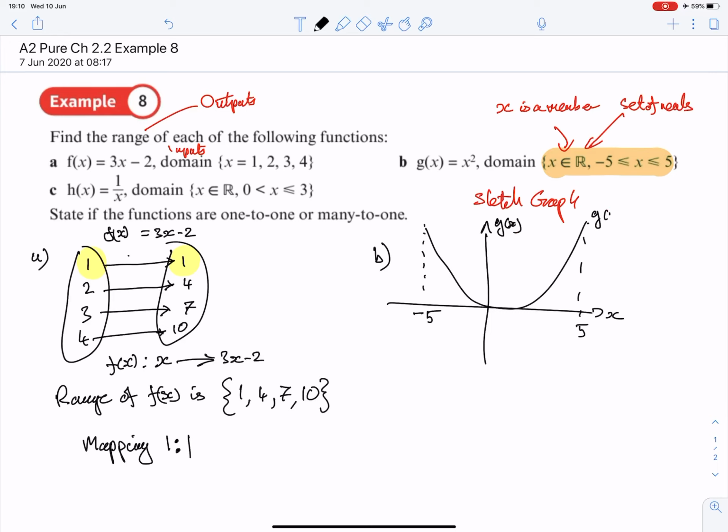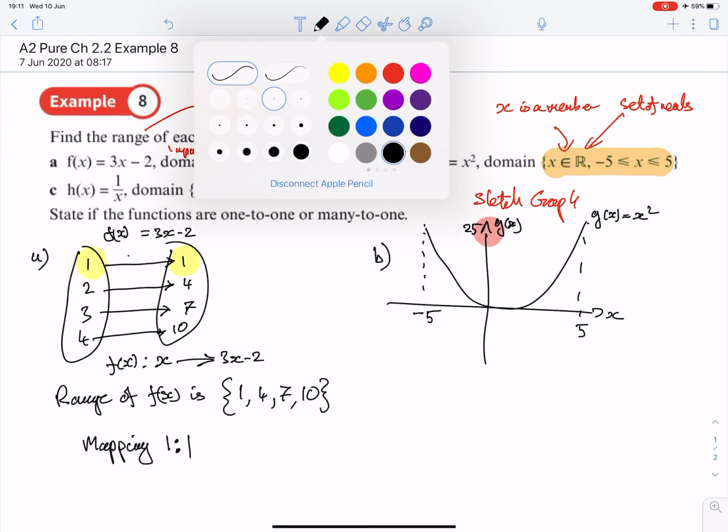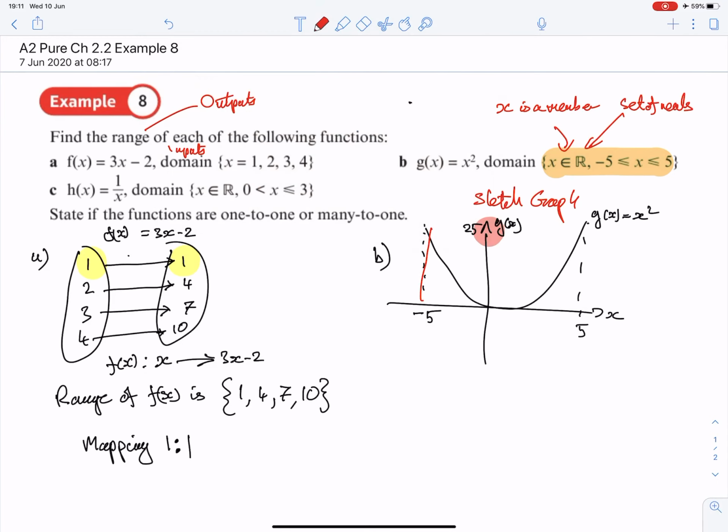The graph is g(x) is equal to x squared. So what do we see then? What will be the upper limit on this graph? The upper value, if we're squaring, is going to be 25. You put negative 5 in, square it, you get plus 25. Put 5 in, you get 25. The lower limit, if we look down here, is 0.